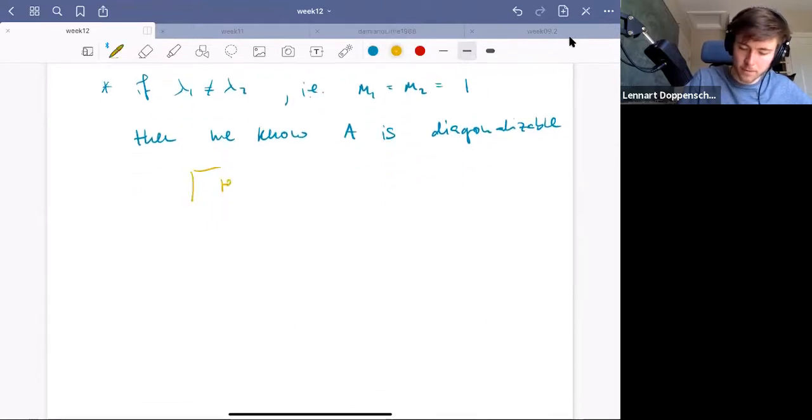Just remember, 1 is less than or equal to the dimension of E lambda, which is less than or equal to the multiplicity.